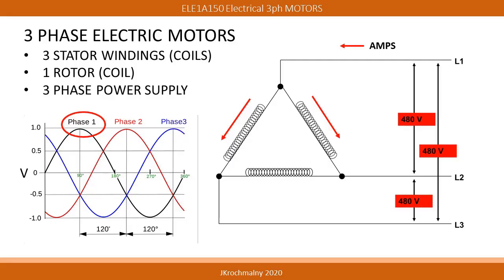This imbalance results in an amperage flow coming from L1, entering the termination, and then splitting two ways. One path goes to L3, and the other path goes to L2. As it does so, flux lines are generated around the two associated windings.